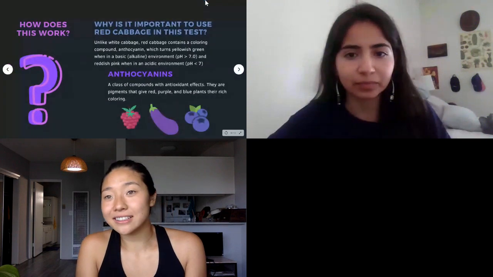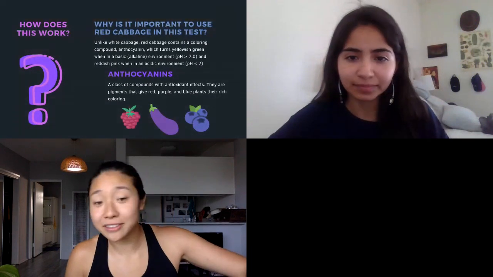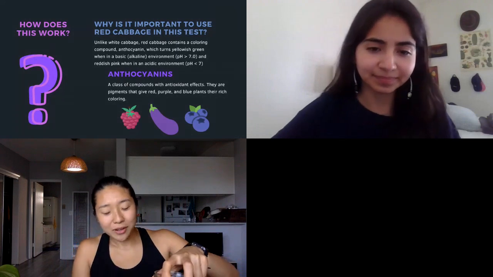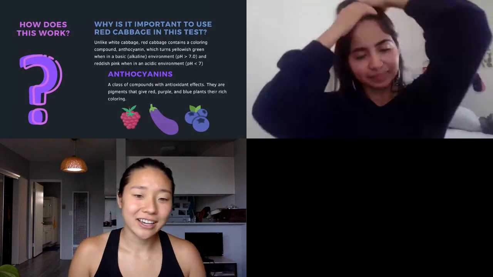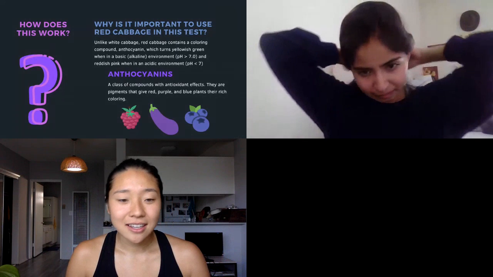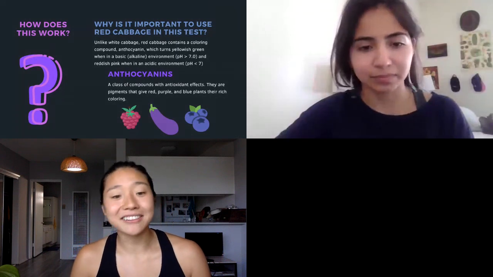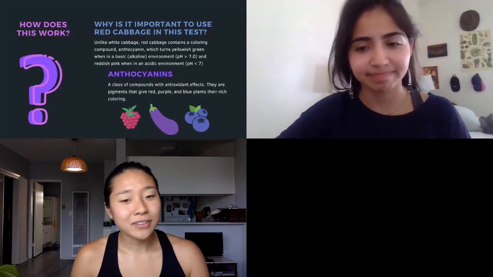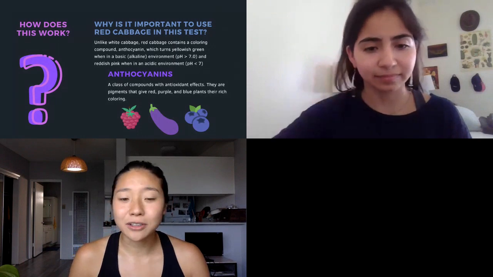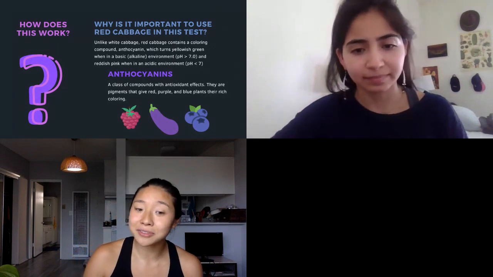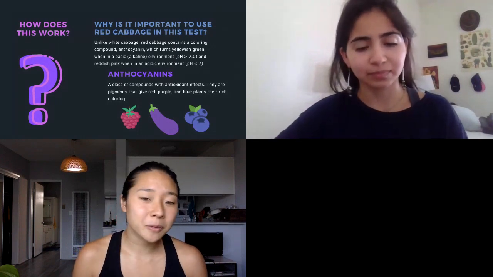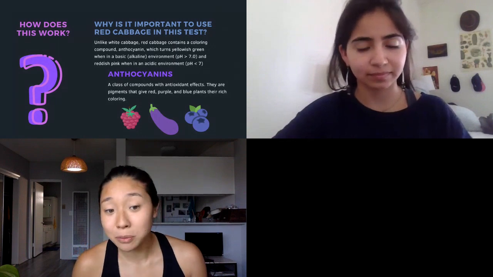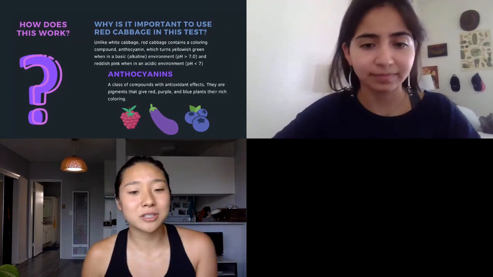And if we wanted to look a bit more at the science of cabbage juice itself, we have to talk about anthocyanins. Even though it sounds intimidating, they're actually really good for you. They have lots of antioxidant effects, and you can find them in a lot of foods that you eat. It's the pigment that makes blueberries blue, eggplants purple, and raspberries red.